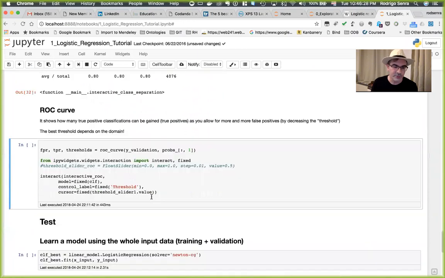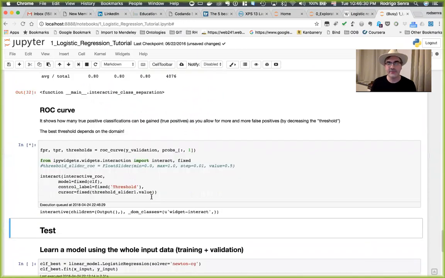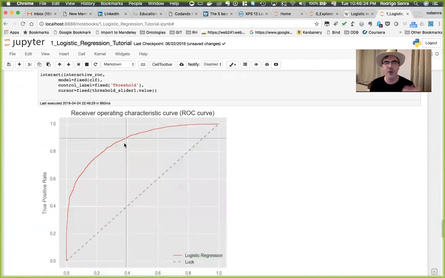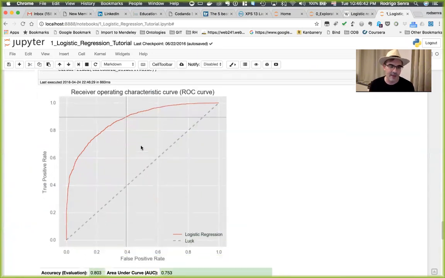What else can you do? There are other criteria for you to try to calibrate this. There is the ROC curve, which is a different way to see the same concepts. You have the true positive rate and the false positive rate. If you move to the right along this curve, you are increasing your true positive rate.